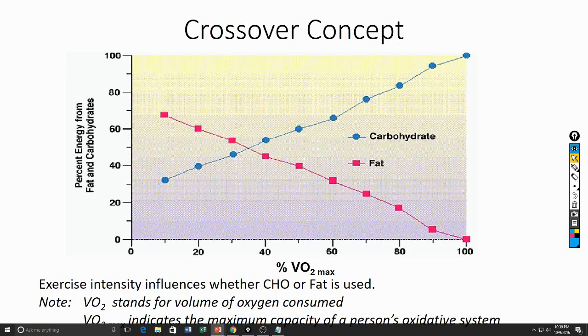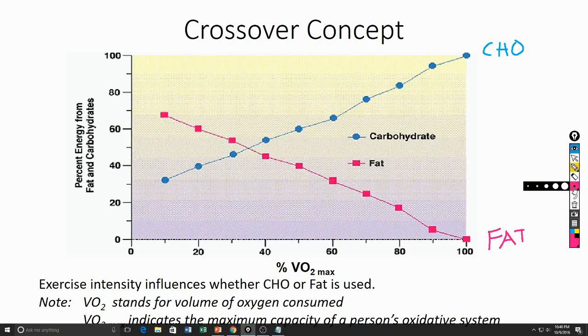All right. So if we look at this graph, let's break it down a little bit. Okay. So on our y-axis here, we have percentage of energy coming from fats and carbohydrate. Okay. So in blue here we have carbs. Okay. CHO. Right. And in pink here we have fat. Right.